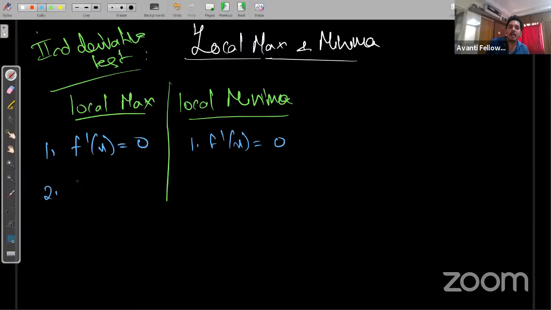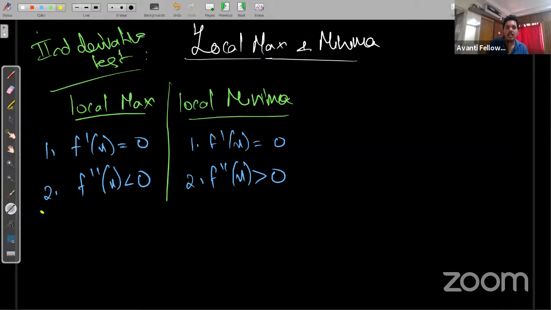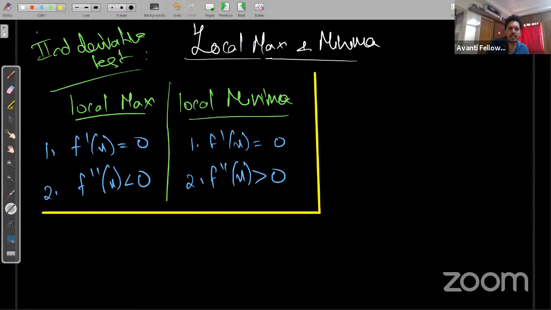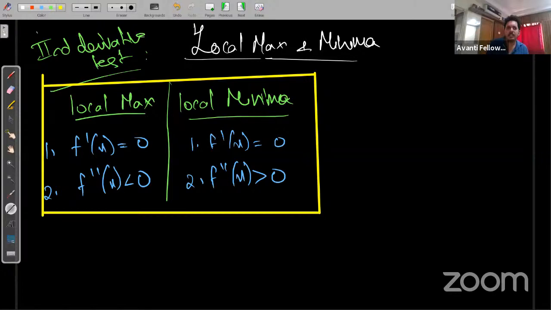For local maxima, my condition is f double dash of x is less than 0. For local minima, f double dash of x is greater than 0. So this is the condition. How you have got it, I will explain the proof. Don't worry. This is the table you have to remember all the time, which is very, very easy.